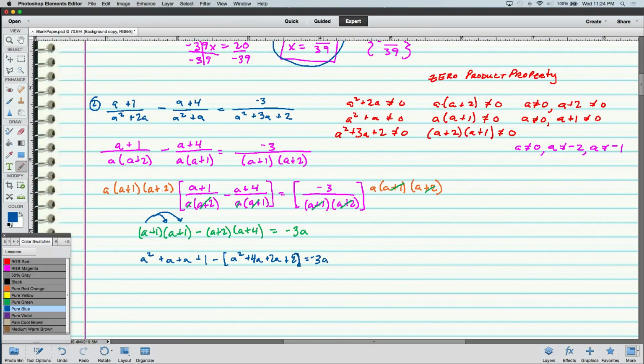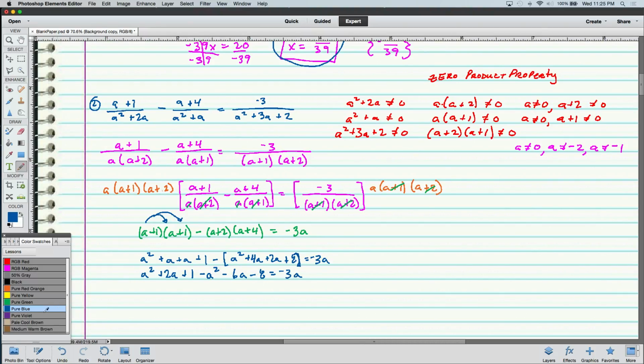Equals negative 3a. Remember, this negative, again, is going to distribute to every term. A squared. A plus a is positive 2a plus 1. And we have minus a squared. Negative 4 and negative 2 gives us a negative 6a. And then negative 8 equals negative 3a.